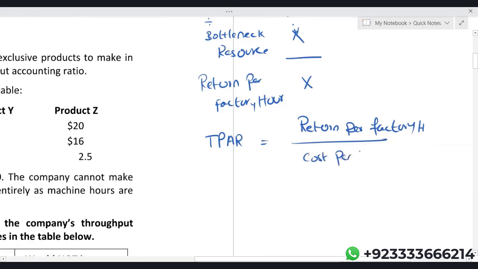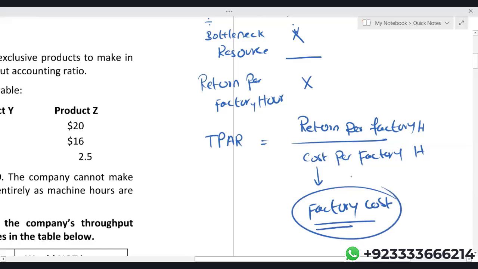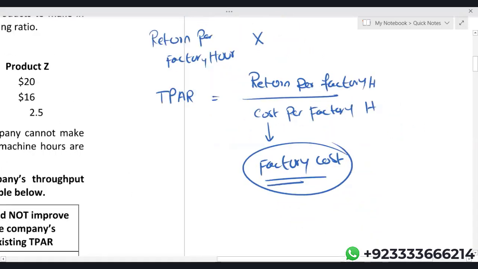Now, which cost? Basically, factory cost per factory hour. What do you mean by factory cost? Simply, the factory cost is your operating expenses. Let's make it easier: factory cost is simply direct labor and production overheads, so you can say it is your conversion cost.